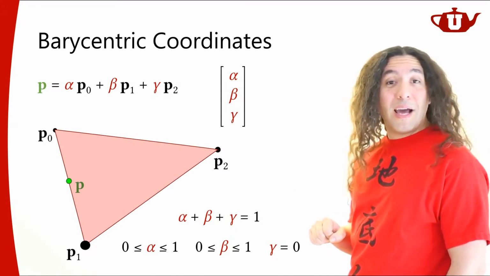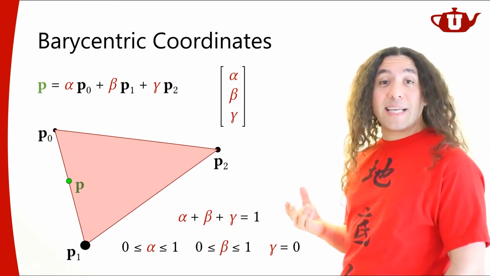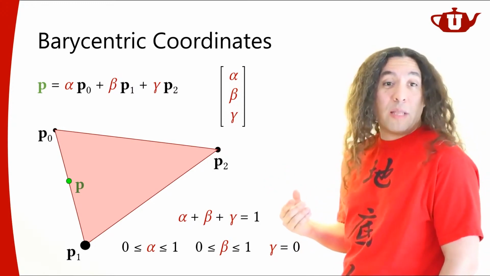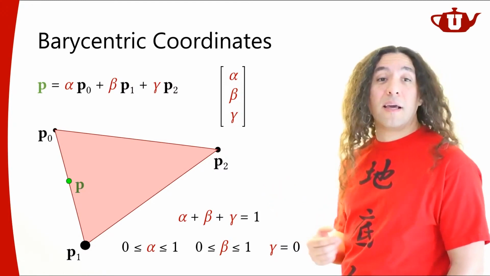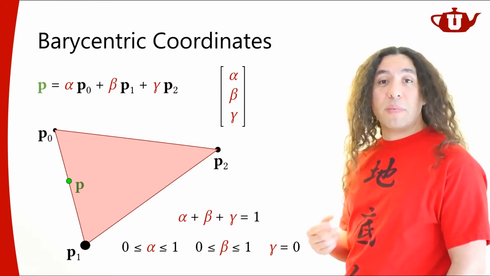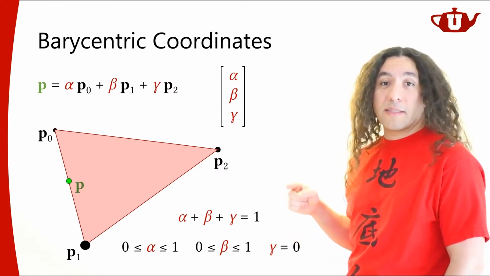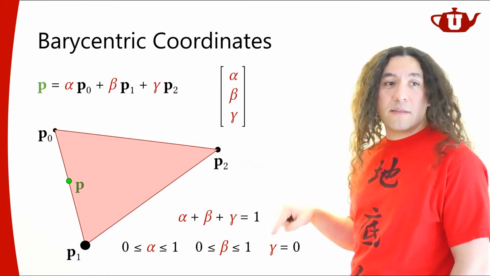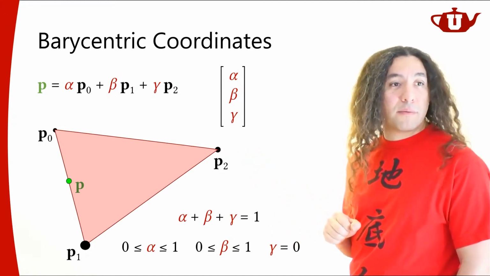So it should be represented as a linear interpolation between P0 and P1, right? It's along the line that crosses P0 and P1, so it doesn't depend on P2 anymore. So P2's weight is going to be 0.